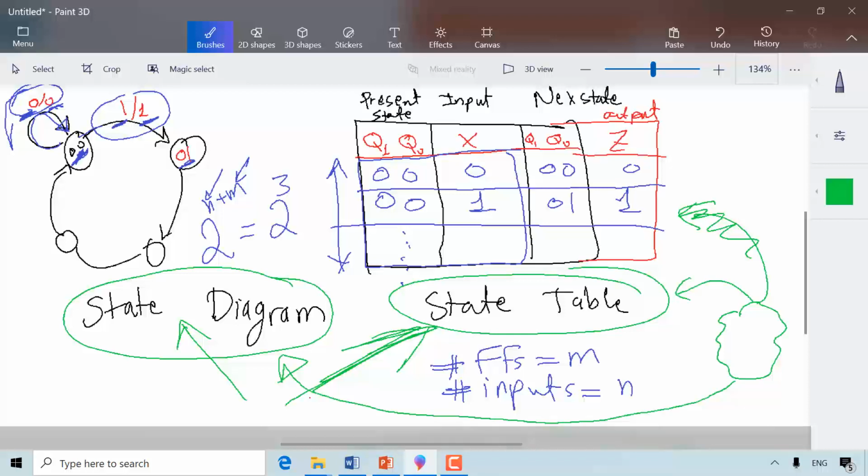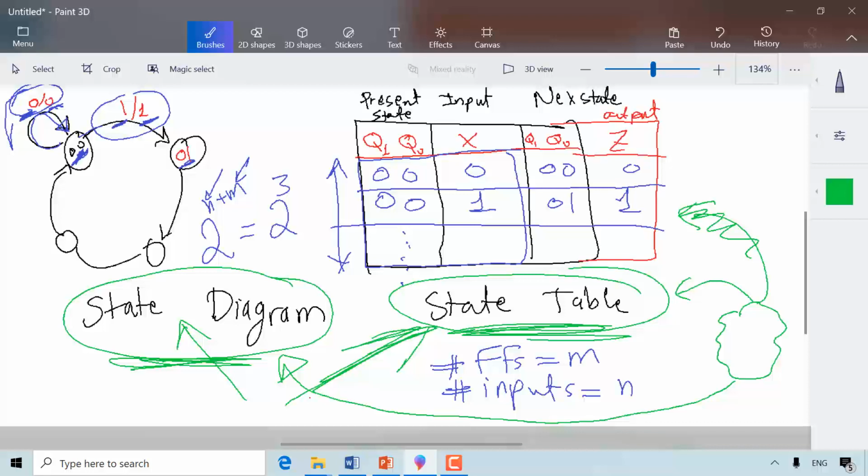How do I describe a sequential circuit? By a state diagram or state table. The output of my analysis is a state diagram or a state table. So in this lecture, we want to get to the state diagram or the state table. That is the objective of what we are doing in this lecture.